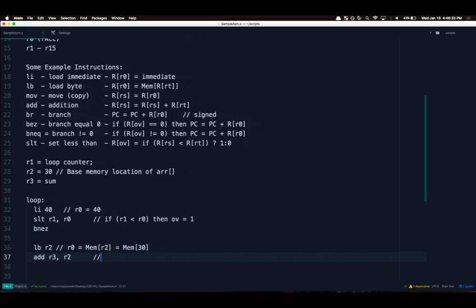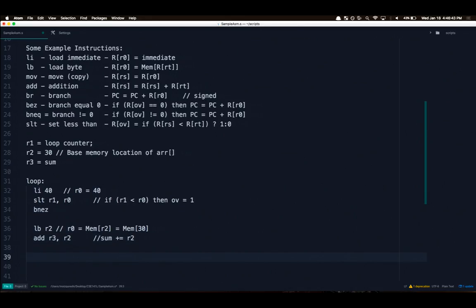So this is just saying sum plus equals R2. So now that I've done this, I want to increment R2 because I've lost the value of 30 by doing load byte here. So maybe I didn't want to use R2 here. I can do something. Well, one sec. So R0. Yeah, sorry. This is R0.